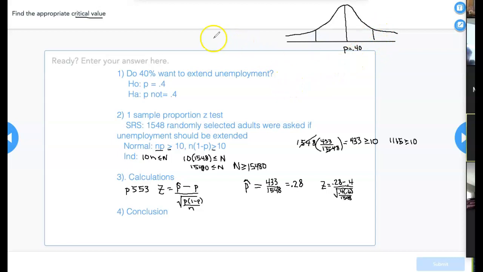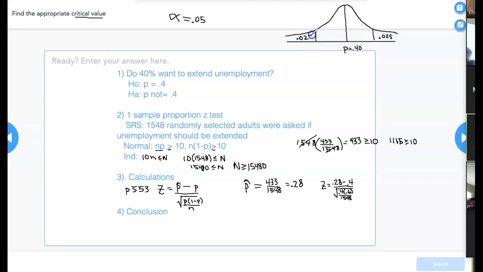If alpha is not given, usually we go alpha is 0.05. Which corresponds to a 95% confidence interval. So the upper tail probability is 0.025. The lower tail probability is 0.025.